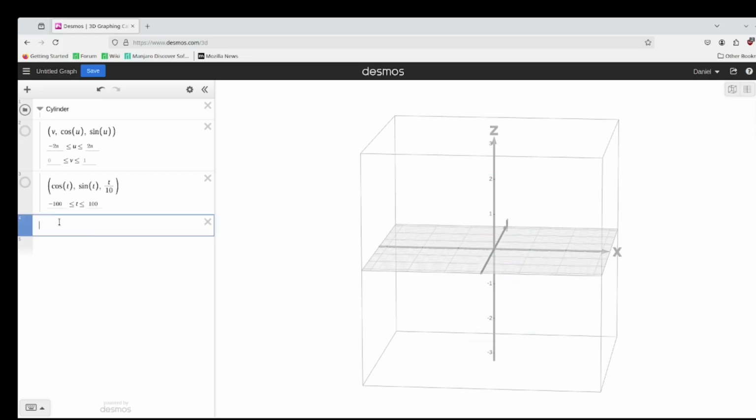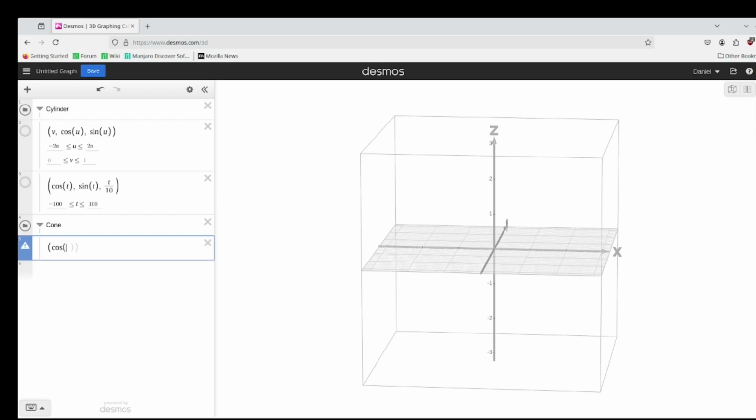The other example that I think you may be interested in is how do you do a cone? Because I know a lot of you watch my videos for the conic sections tutorials. So for a cone, let's do the vertical orientation.